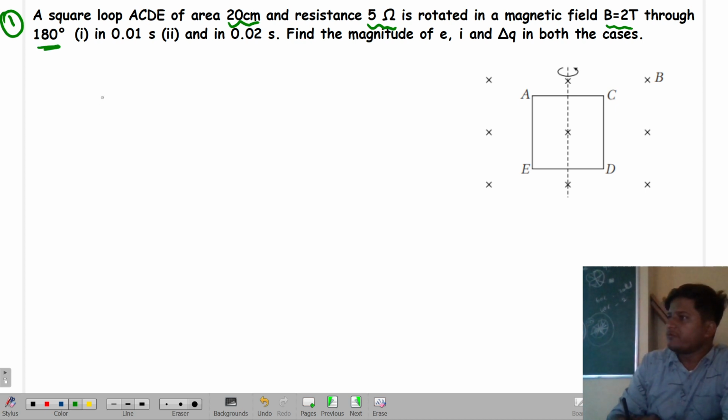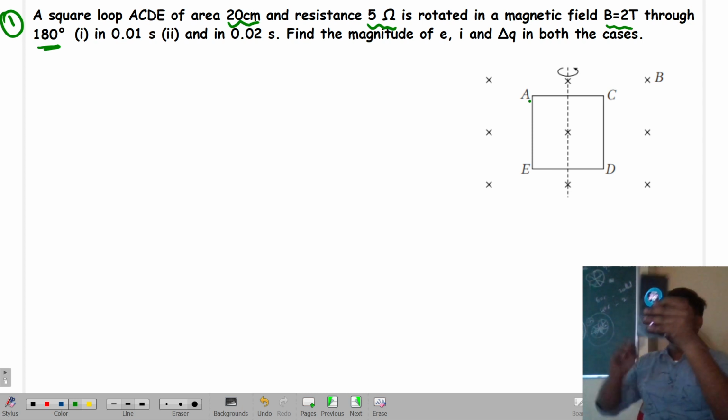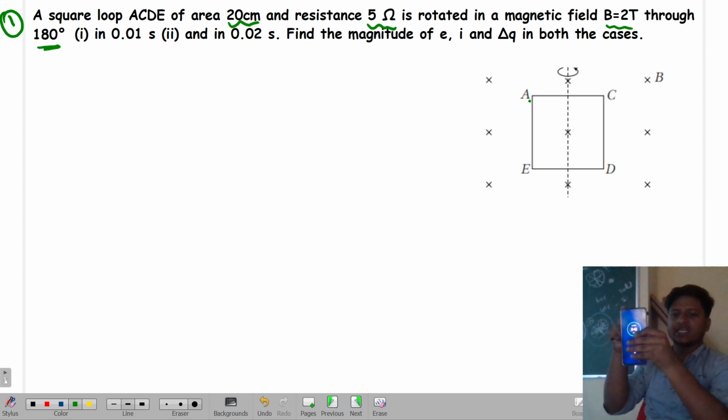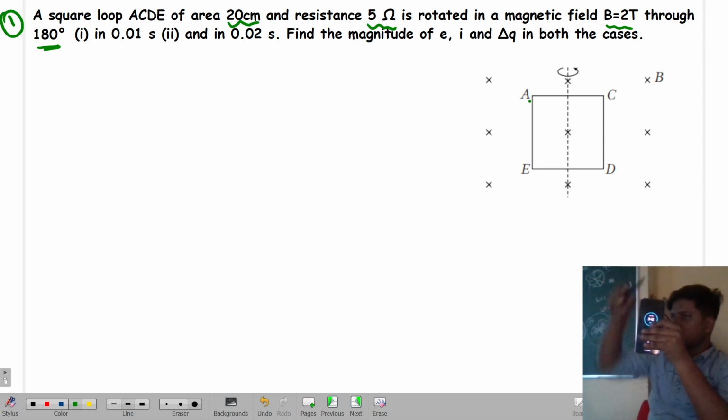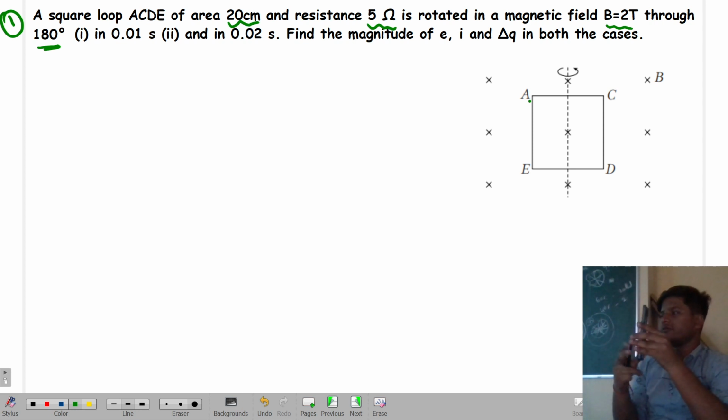If I rotate by 180 degrees, tell me where this A will go. This is my square loop, right or not? A, C, E, D. Got it. This angle is 0. Rotate it by 90 degrees. Where has it come? A, C, and this is D and this is E, or not?